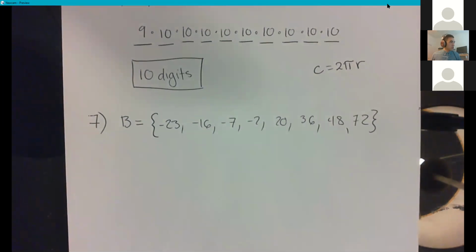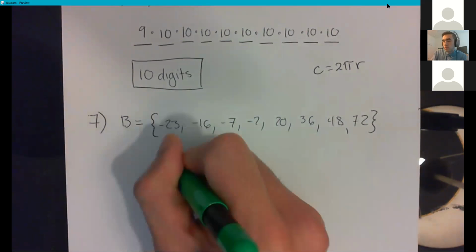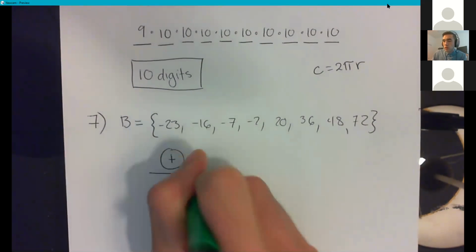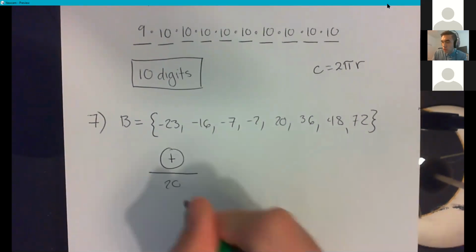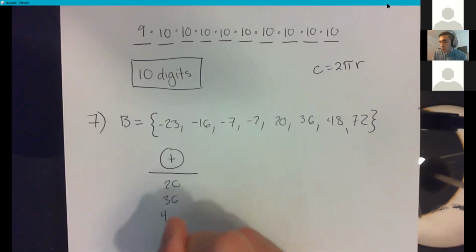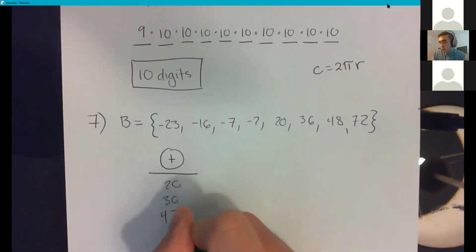And so the deal with this question is that when it comes to the word or, and this isn't a thing that's really an equation, this is the logic of the situation. If any positive number were to satisfy our condition, then here are the following things which satisfy our condition: 20, 36, 48, and 72.